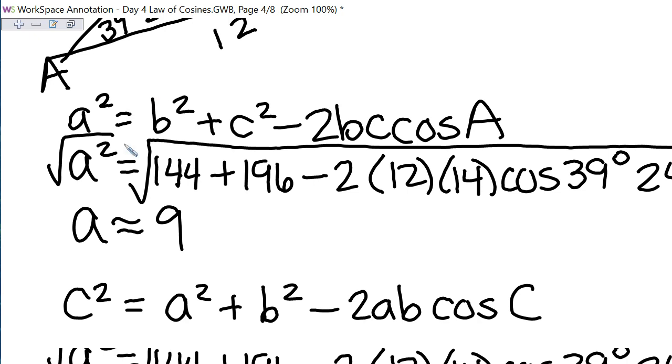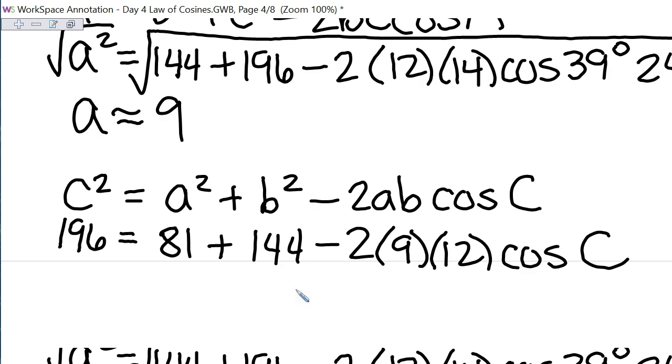Now I can see the formula above, and I see that C squared we put 196. A, we just solved for A, we said A was 9, so 9 squared would be 81 plus, up here I can see B squared was 144 minus 2 times 9 times 12, and we are solving for cosine of angle C. Now we'll do a little bit of cleanup.